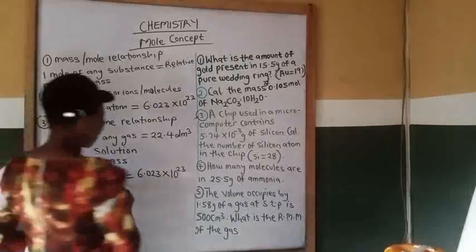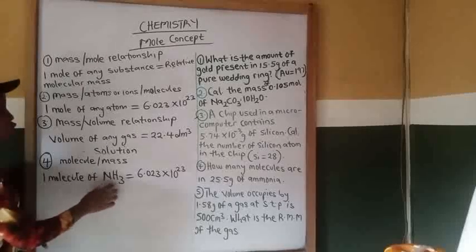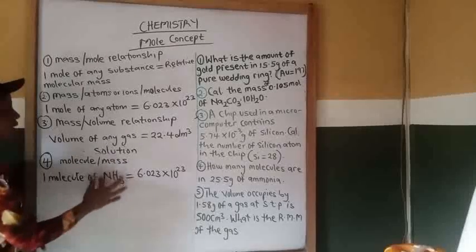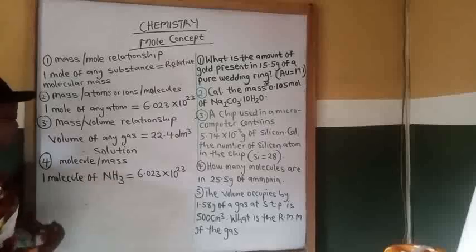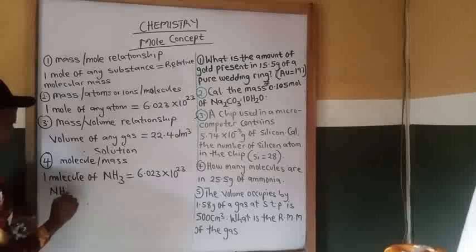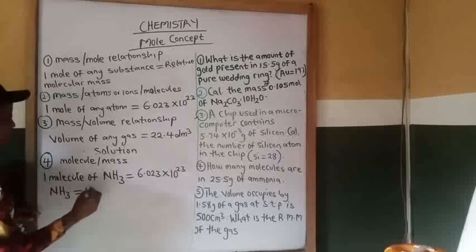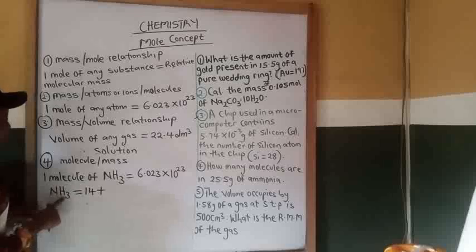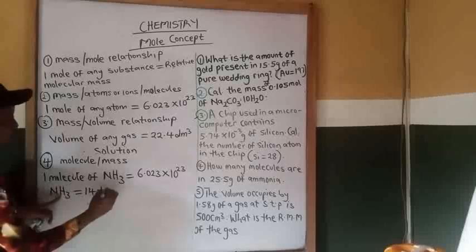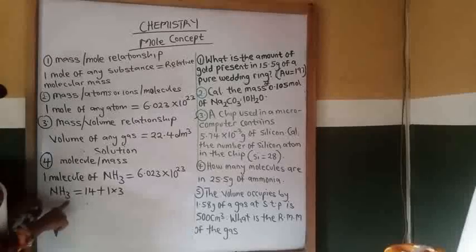Since ammonia is not an element, it is a molecule, we have to look for the relative molecular mass of ammonia. So you add the atomic mass of each atom together. The atomic mass of nitrogen is 14 plus the atomic mass of hydrogen is 1, times 3, since we have 3 atoms of hydrogen.